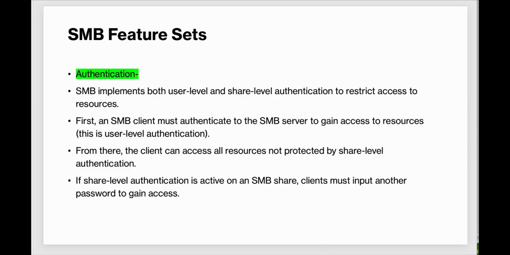SMB has various good things about it, various feature sets, including authentication. The SMB client must authenticate itself to the SMB server to gain access to resources. From there, the client can access all resources not protected by share level authentication. If share level authentication is active on the SMB share, clients must input another password to gain access.